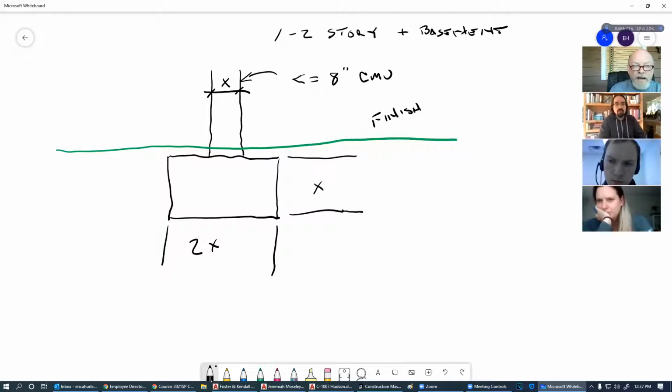Finished grade is, they consider finished grade as far as if you're going to add mulch, if you're going to have grass. So when we get through grading, and let me just put this other little line down here, this is what we call mineral soil.